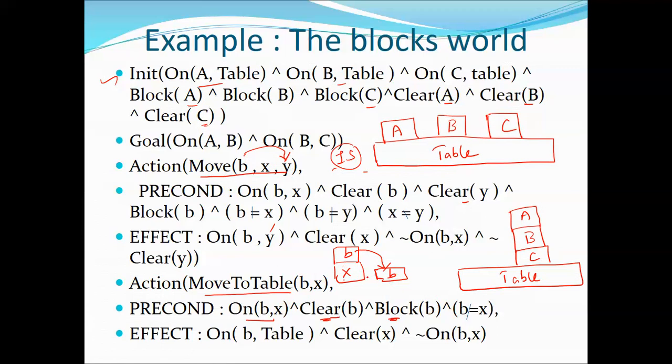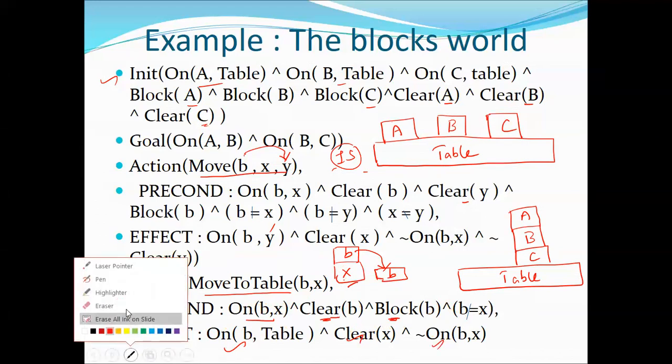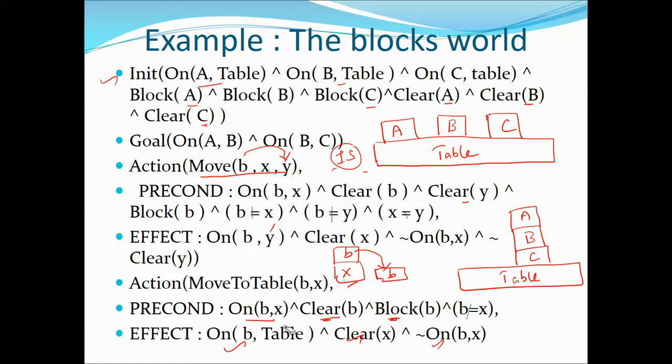Right? If you perform this operation, what will be the effect? If this precondition is satisfied and you perform this action, the effect will be B will be on the table, and X will be cleared, and B is not on X. Okay, so this is the result of this particular action.